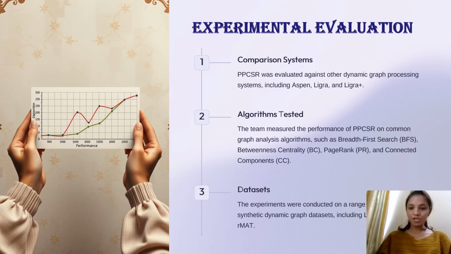The team measured the performance of PPCSR on common graph analysis algorithms such as breadth first search, betweenness centrality, PageRank, and connected components. Datasets. The experiments were conducted on a range of real-world and synthetic dynamic graph datasets, including LJ, ER, ORKUT, and RMAT.